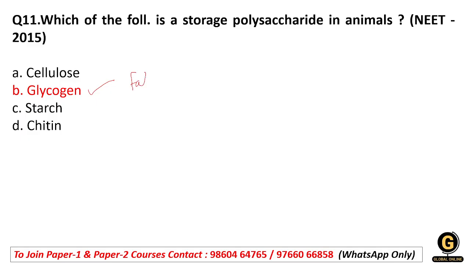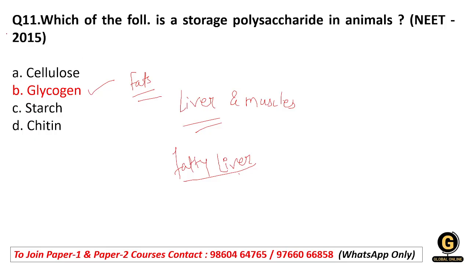Yes, it is stored mainly in the liver and muscles. So being overweight is also harmful, because if one is overweight, our liver is harmed and we get a disease like fatty liver. So this question was asked in the year 2015.